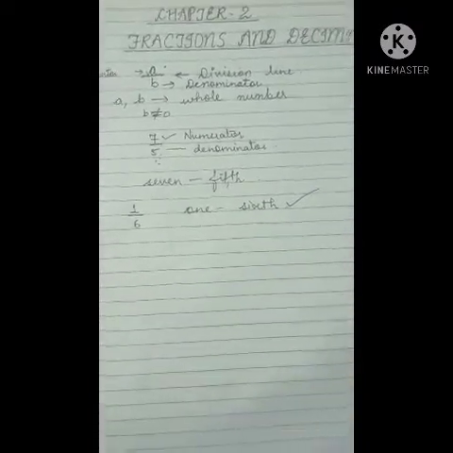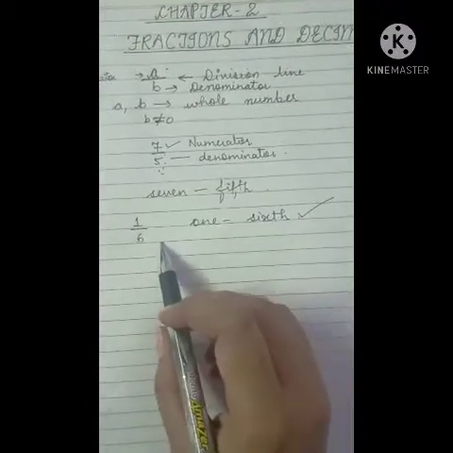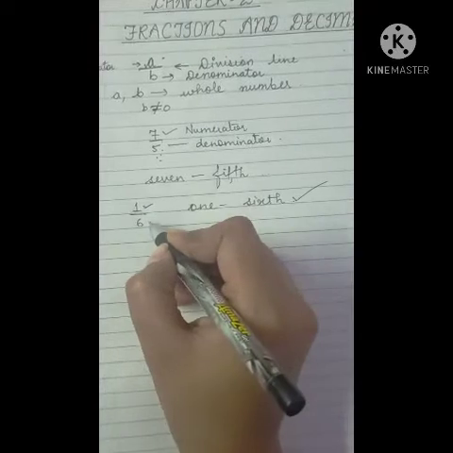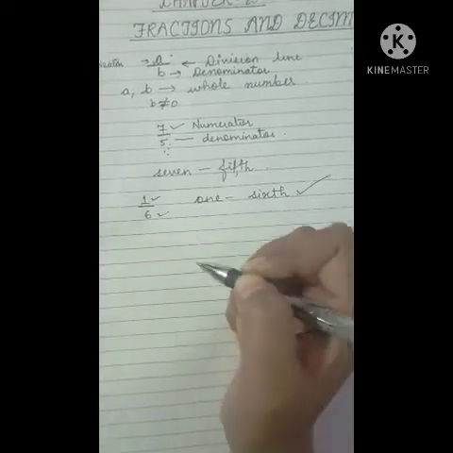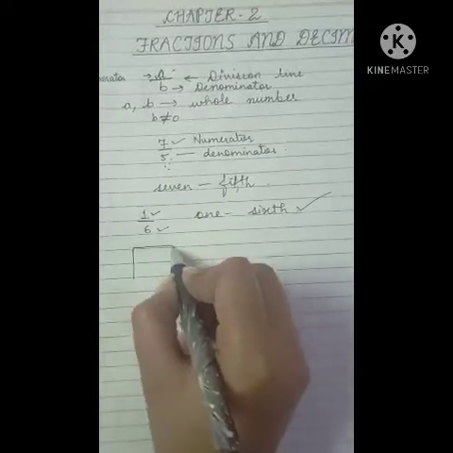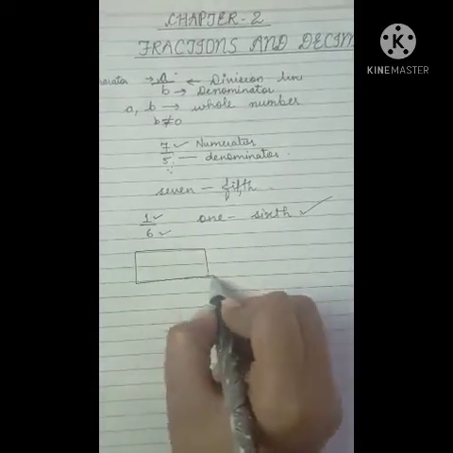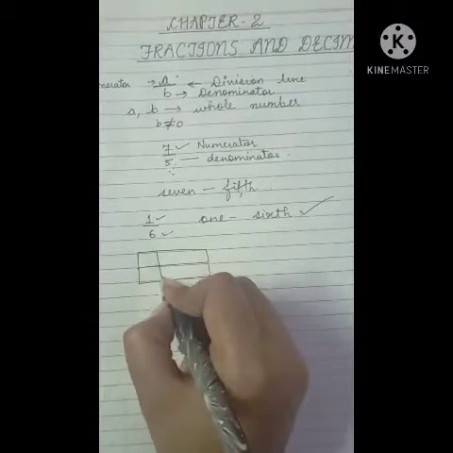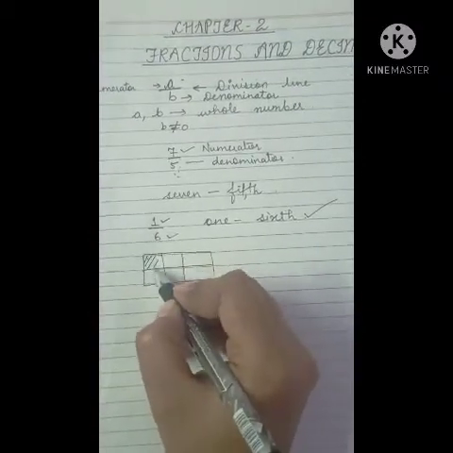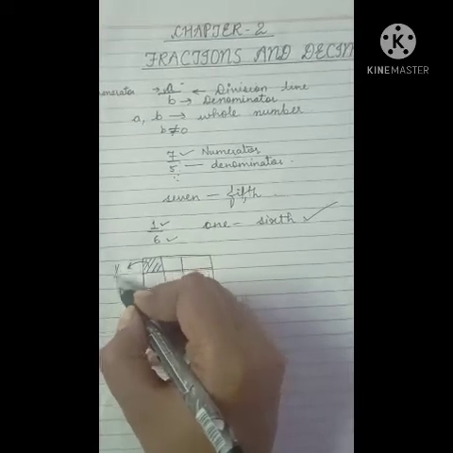When you say 1/6, it tells you one part out of 6 parts. If we draw it like this and shade this, this is 1 by 6.